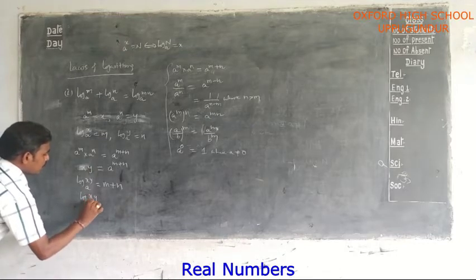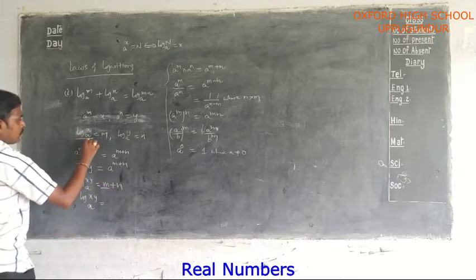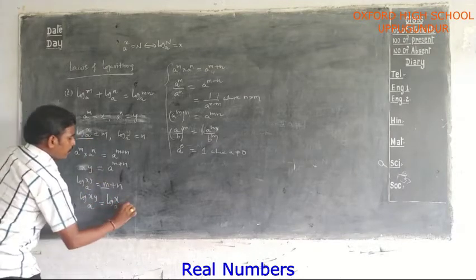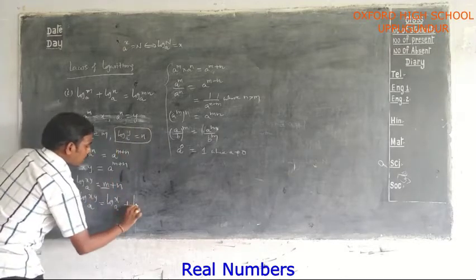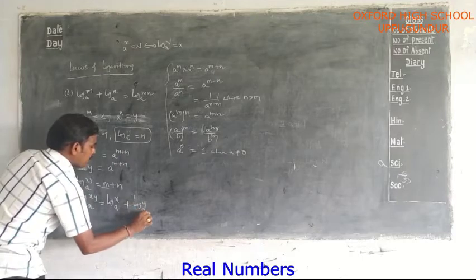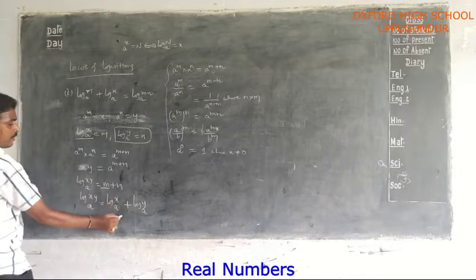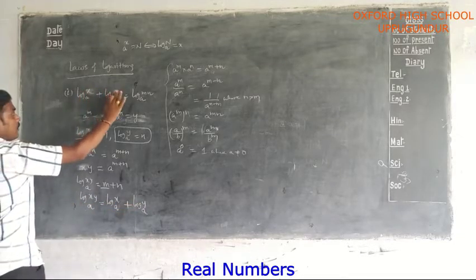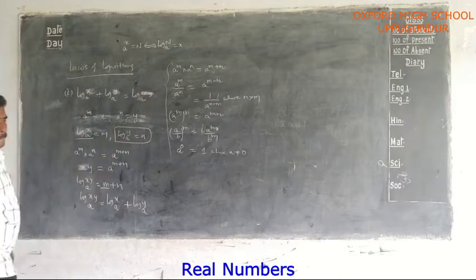So log xy to the base a equal to m, that is log x to the base a, plus n, that is log y to the base a. So log xy to the base a equal to log x base a plus log y base a.